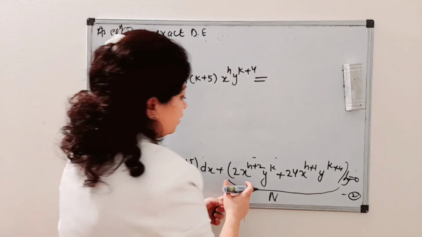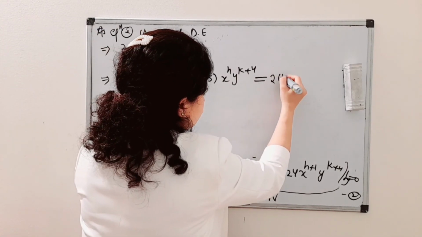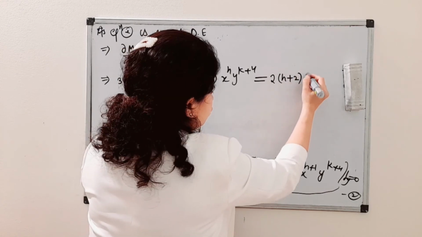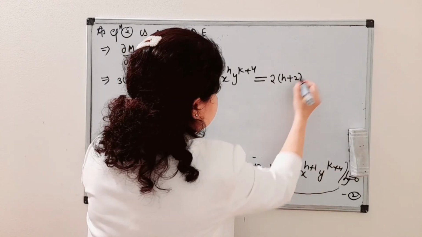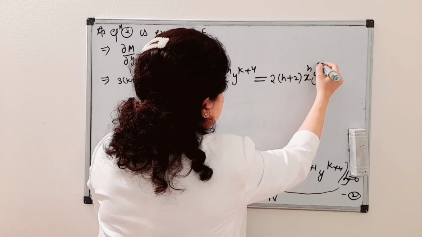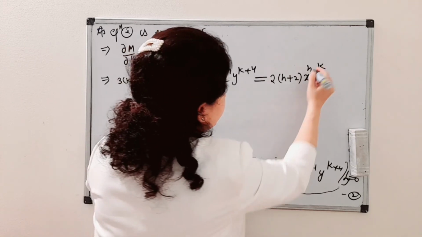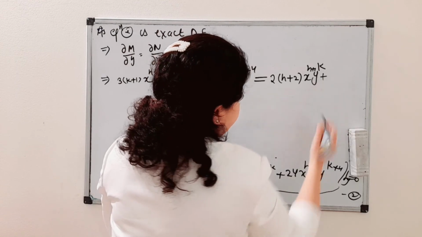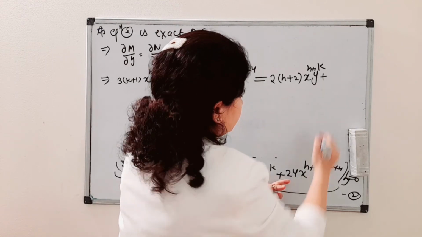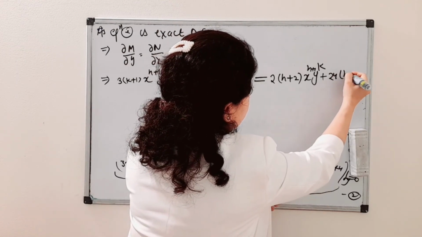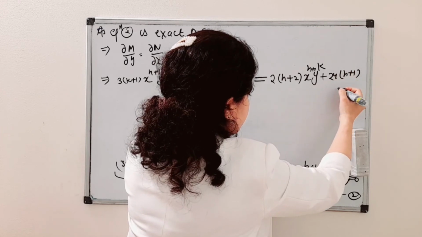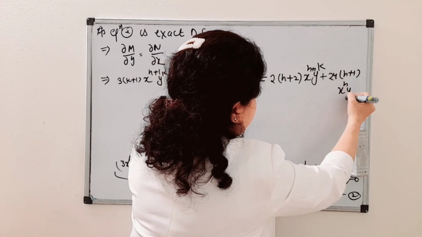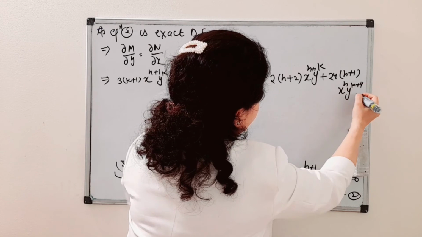Now differentiate it with respect to x. 2(h plus 2) x raised to power h plus 1, y raised to power k, 1 power less, plus we have 24 into (h plus 1) x raised to power h y raised to power k plus 4.